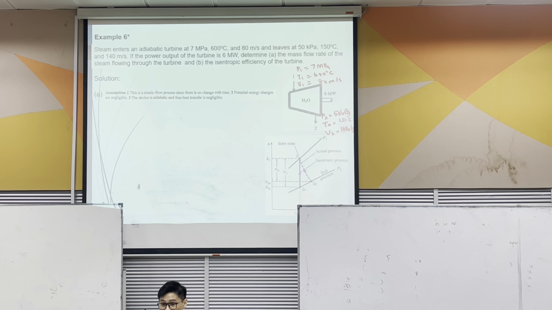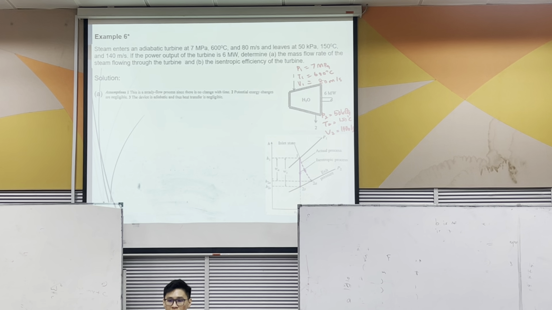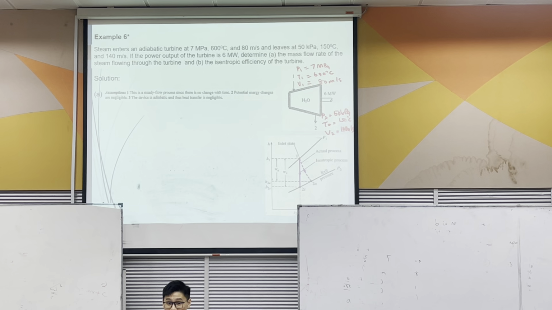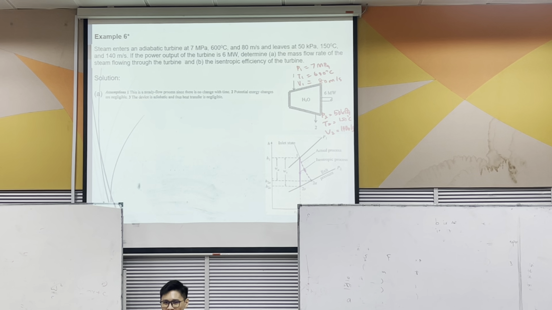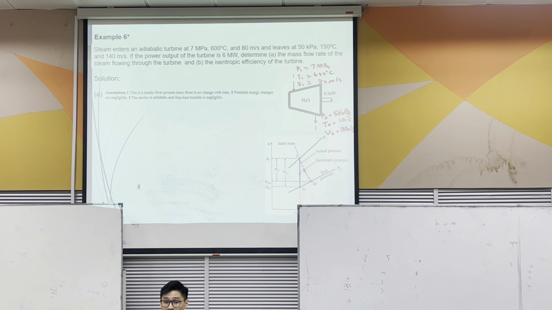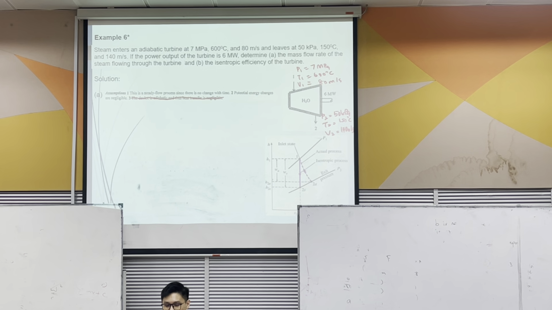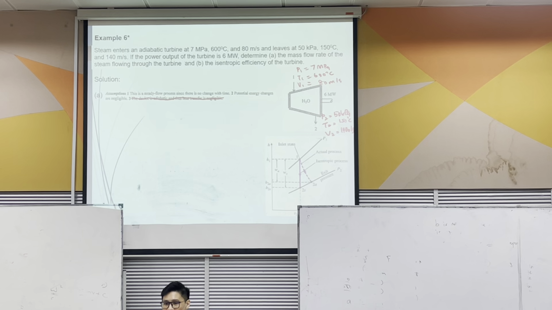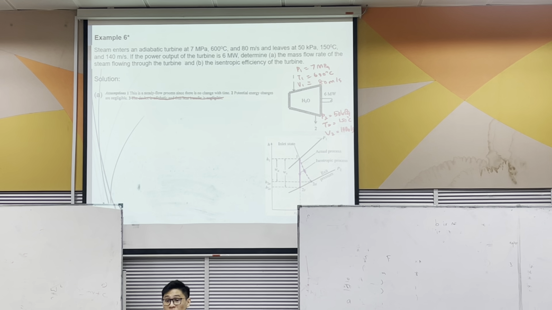The standard assumptions here: steady flow process, potential energy change is negligible, kinetic energy is not negligible since you are given the value. The device is adiabatic. Actually, you shouldn't put that the device is adiabatic, because you need to find the isentropic efficiency.